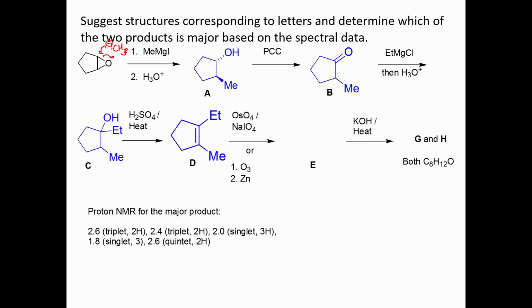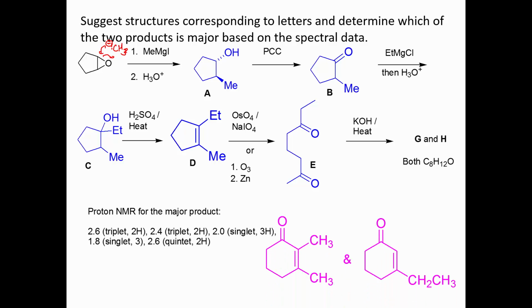Cleavage of the carbon-carbon double bond with either ozone or osmium tetraoxide and sodium periodate is going to give us the diketone. And this is where, in the last step, we do the aldol condensation. So the products that we can get are these two products.